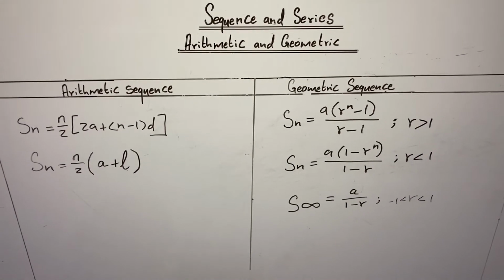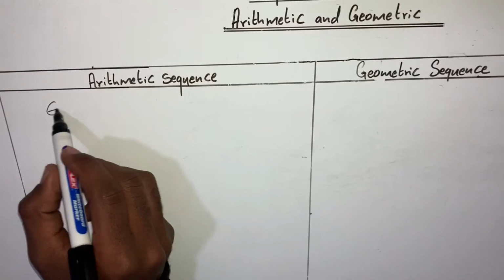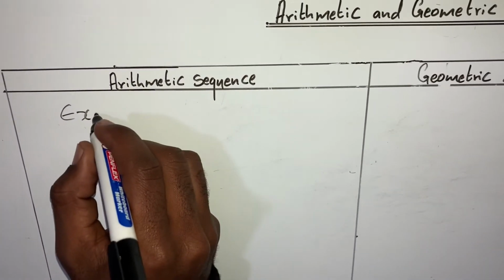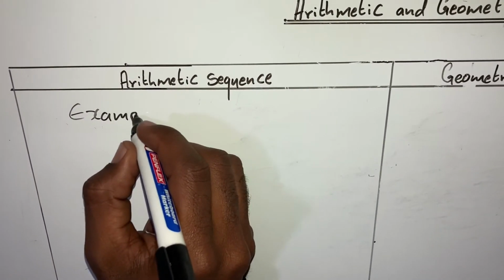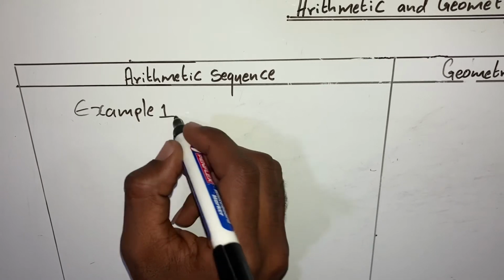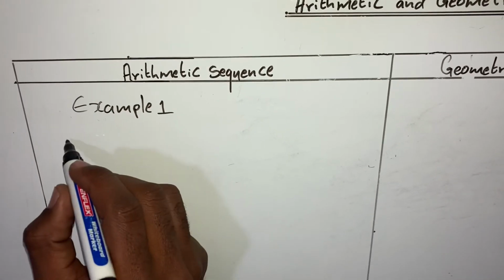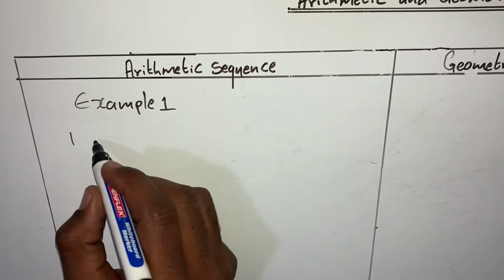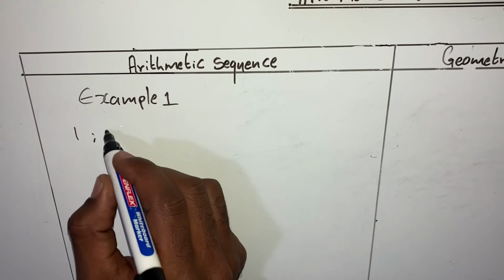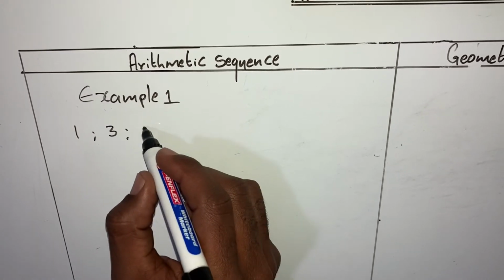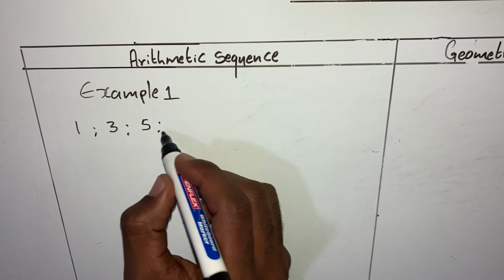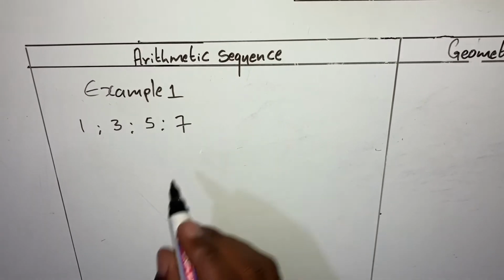So next up we'll be doing Example 1, where we have 1, 3, 5, 7.